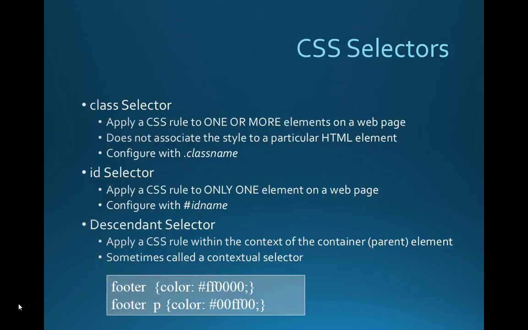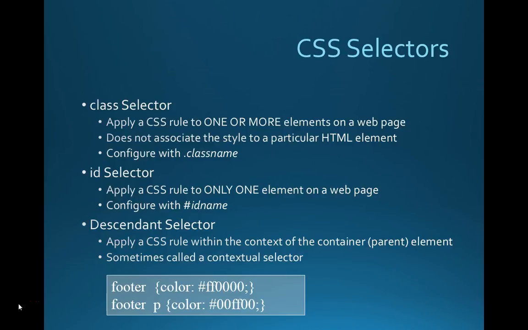All right, and now descendant selectors. Think of descendant as related or a part of. So this particular example is trying to style something within another element, applying a CSS rule within the context of the container or parent element.